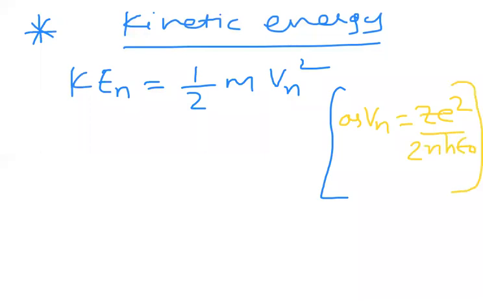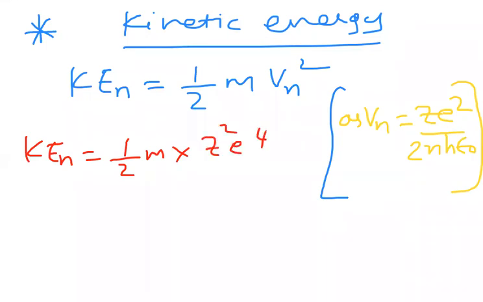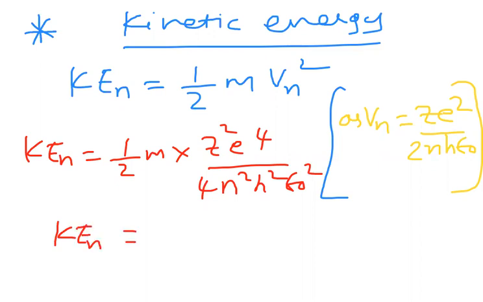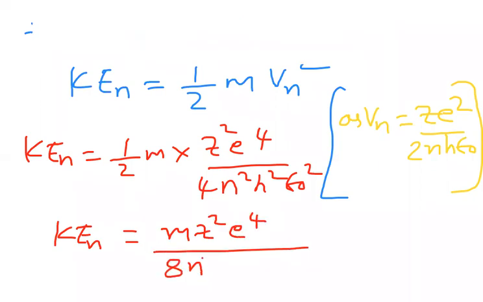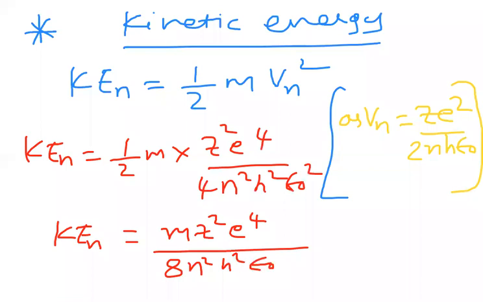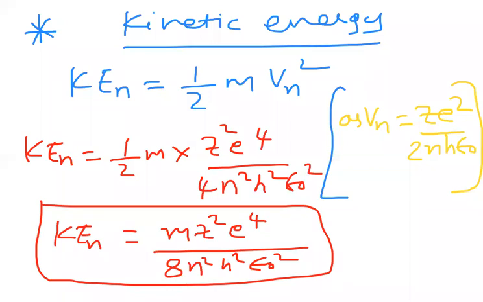Substituting that here, kinetic energy of electron in nth orbit is equal to half m Z square e power 4 by 4 n square h square epsilon naught square, which is m Z square e power 4 by 8 n square h square epsilon naught square. This is the kinetic energy of electron in nth orbit formula.